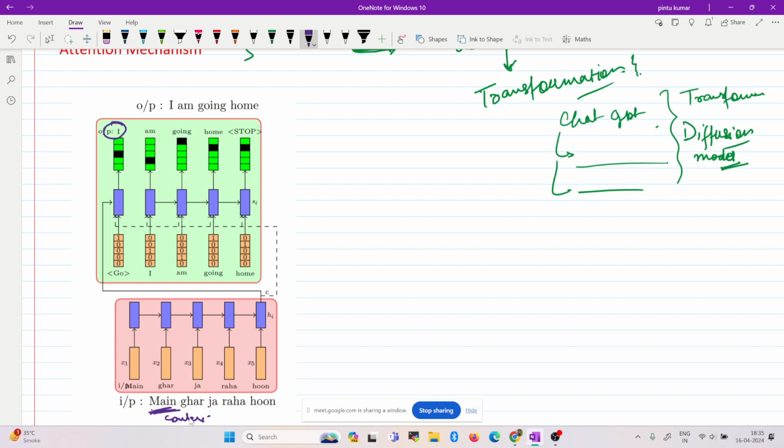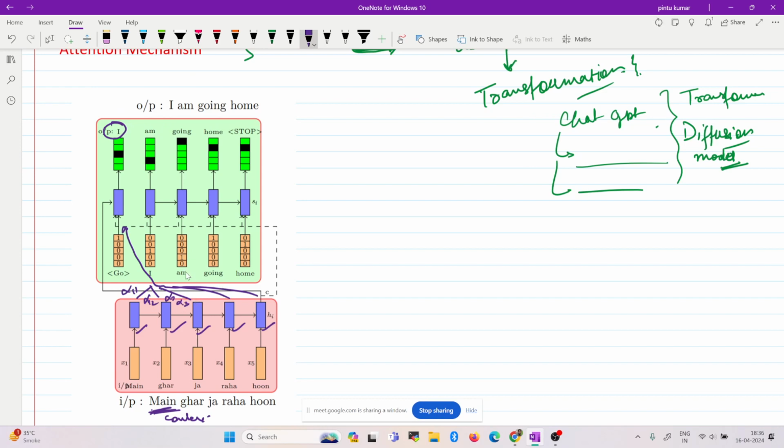Okay, so if we have some mechanism via which we can use all these vectors, and take a weighted combination of all these vectors and pass it here. So let's say this is alpha 1 1, alpha 1 2, alpha 1 3.